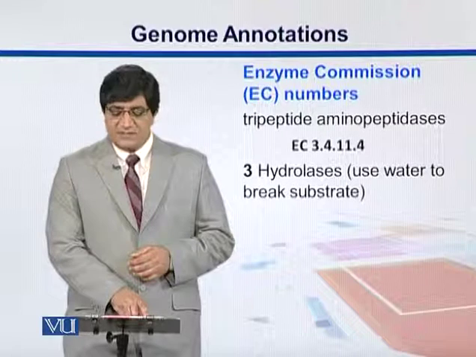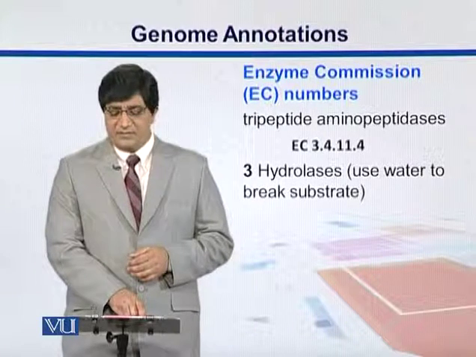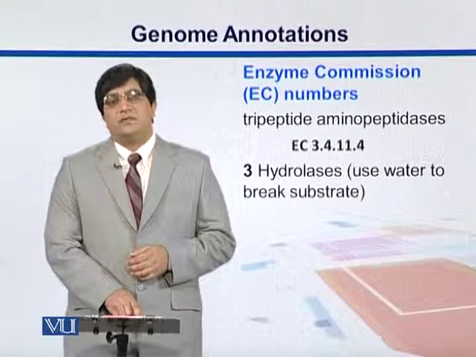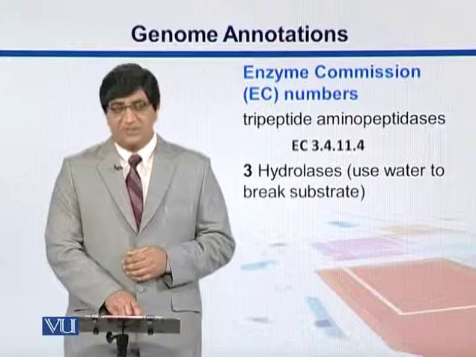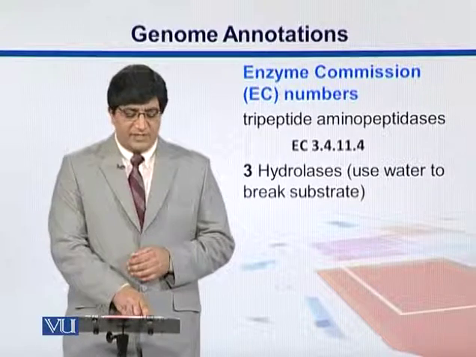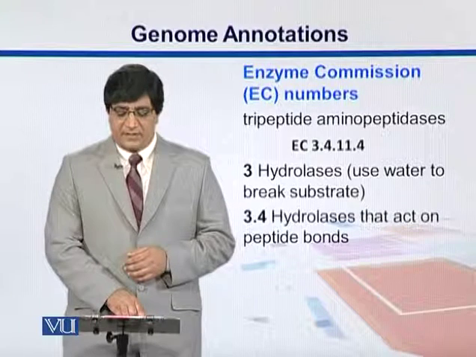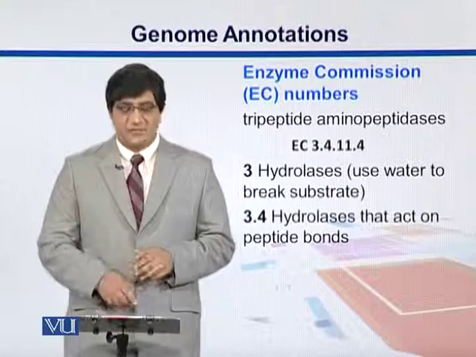So for instance, we have an example here, EC 3.4.11.4. So where the first digit here, 3, means it's a hydrolase. So hydrolase is actually the enzyme that uses water to break up something, and 3.4 means it's a hydrolase that acts on peptide bonds.